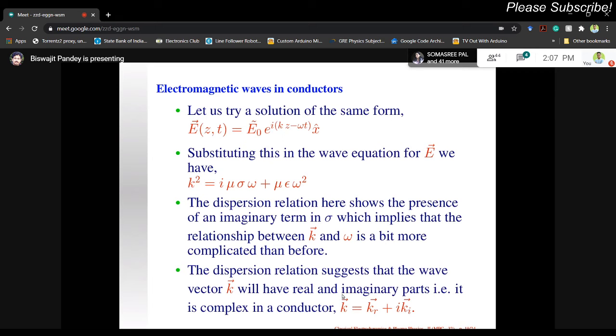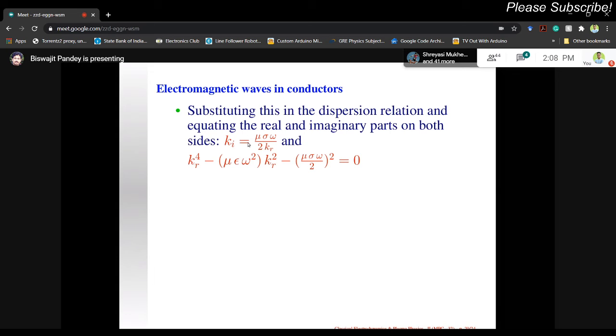Just put k equal to kr plus i ki on the left hand side of this, square it and equate the real part and imaginary part from both sides. That will give us two equations. If you equate the imaginary part, that will give you a relationship like that. That is the relationship between ki and kr: ki comes in terms of kr, mu sigma omega by 2 kr. Okay, it's quite straightforward.